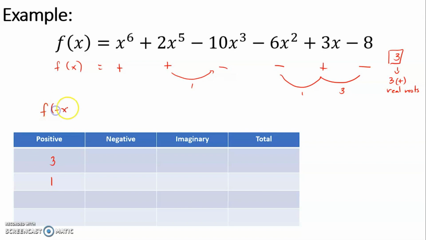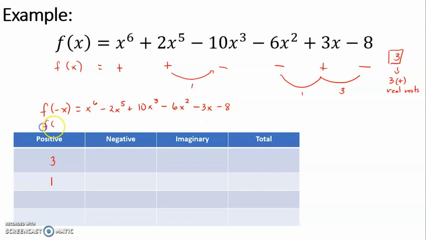f of negative x is x to the 6th minus 2x to the 5th plus 10x cubed minus 6x squared minus 3x minus 8.